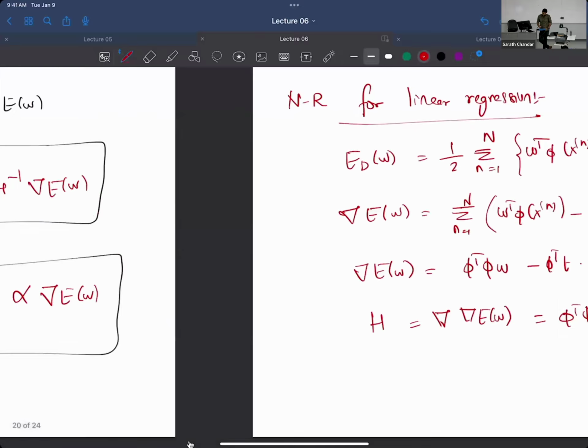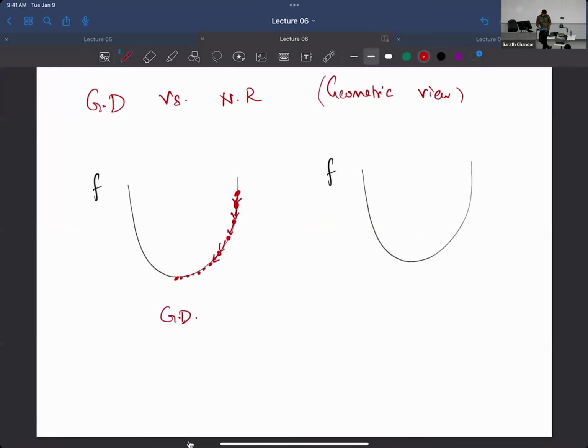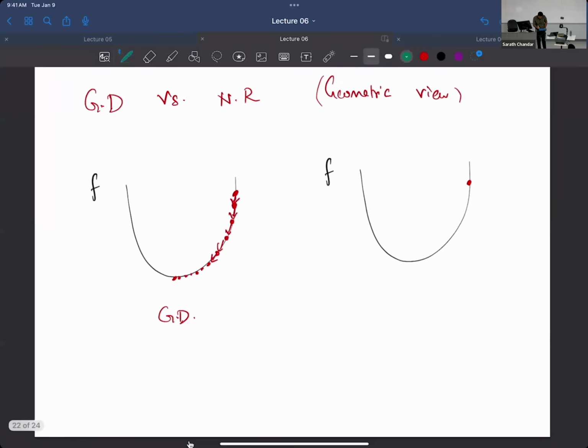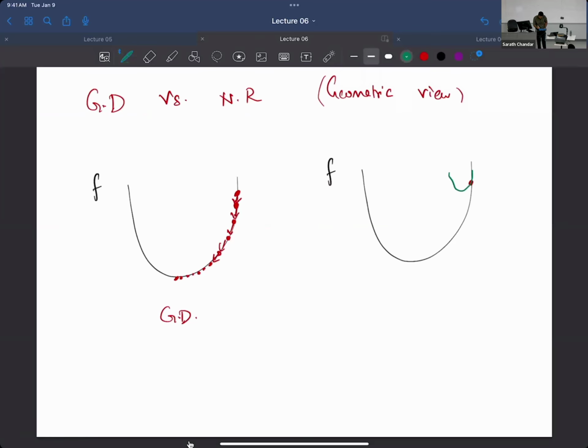So how would that look in the figure? Let's say we start at the same point. Newton-Raphson is going to make a locally quadratic approximation, approximating this function with a function that is locally quadratic, and it is going to find the minimum of that function in one step.